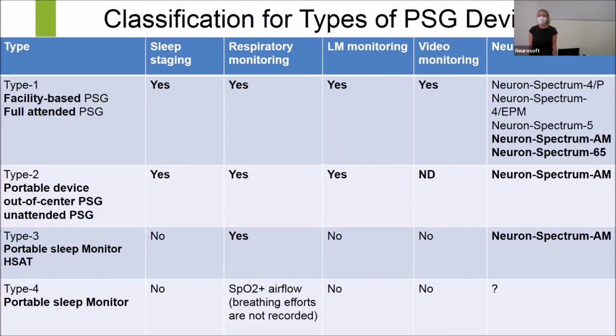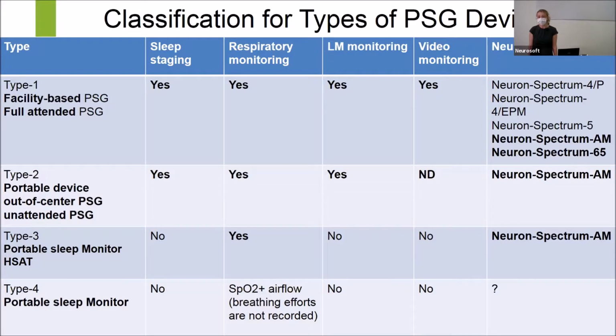The main feature of this system is that we can perform the full PSG test at the patient's home, in ambulatory settings. This test can be performed with or without video monitoring. Neurosoft can offer you one system classified as a type 2 sleep system.